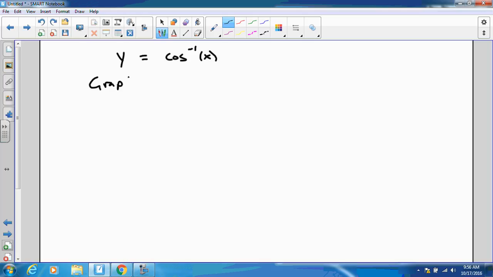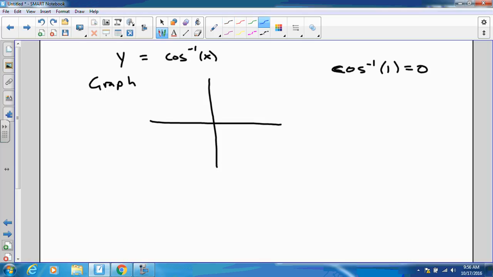Okay, so first of all, a graph. And our graph can come from a 3-point solution. What 3 points on the graph of cosine do you know that we can invert? (1, 0.) Good. Right, it's (0, 1), so the inverse cosine of 1 is 0.